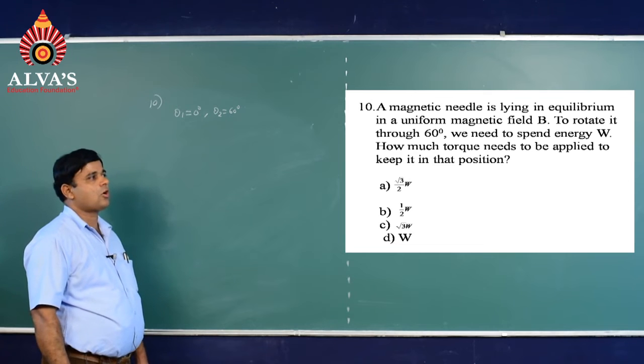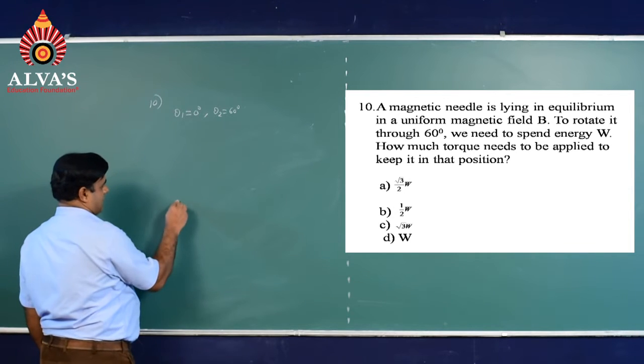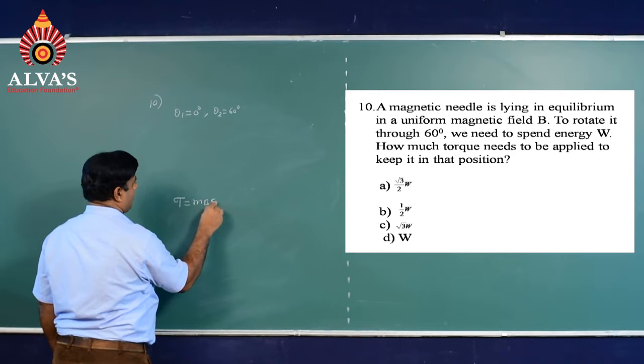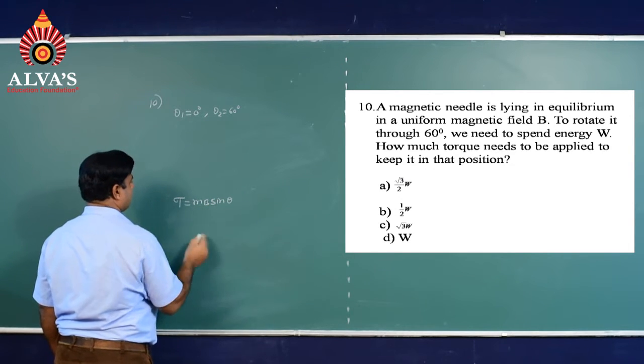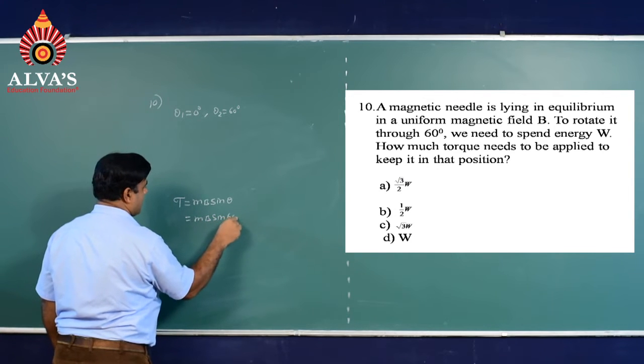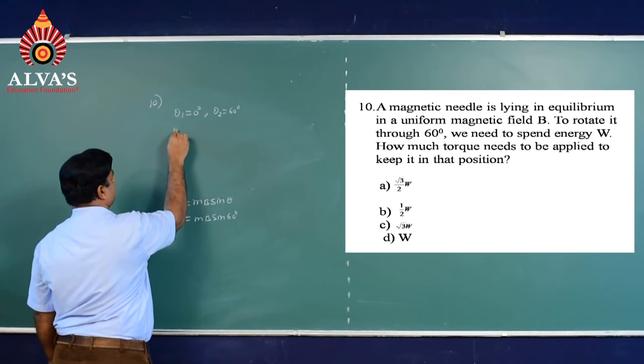Now, how much torque needs to be applied to keep it in that position means when angle equal to 60 degree, that is tau equal to m into b into sin theta, which is m into b into sin 60 degree. But answer is given in W, use this formula.